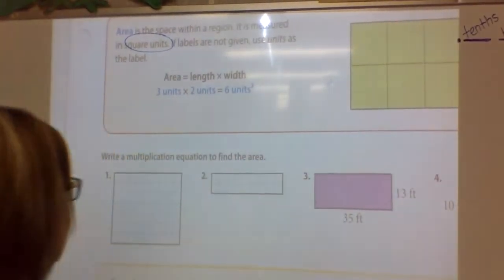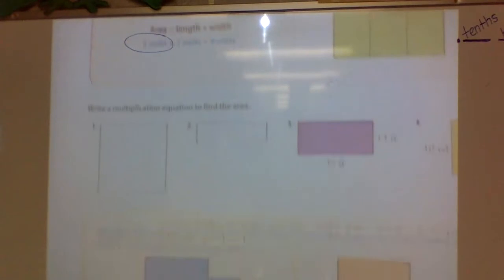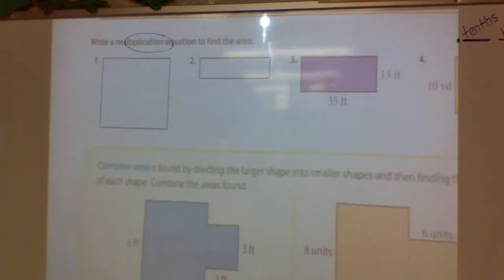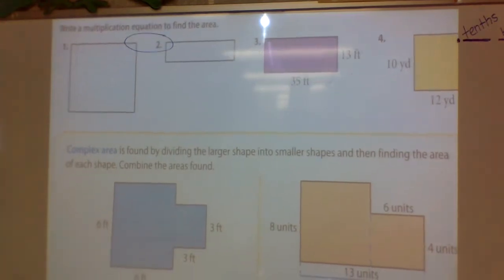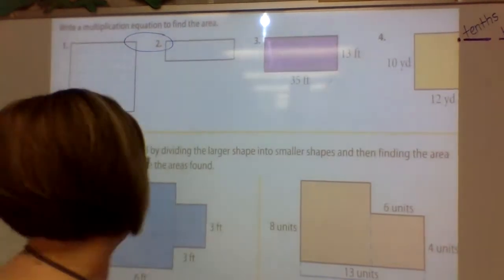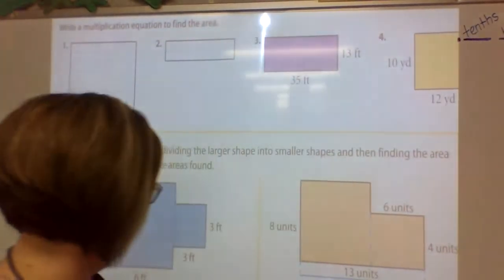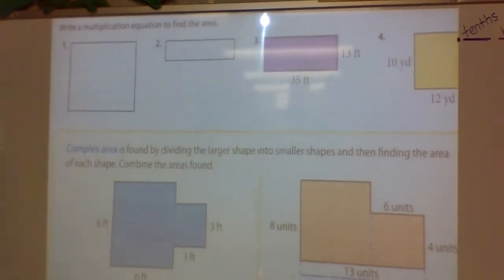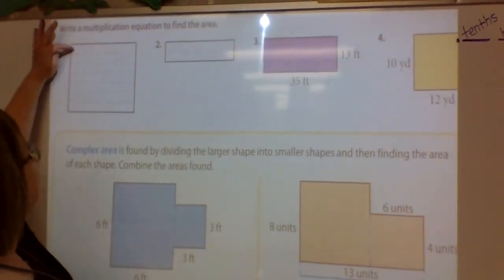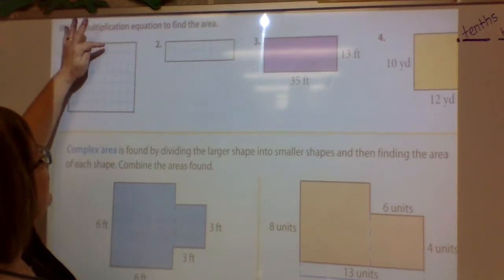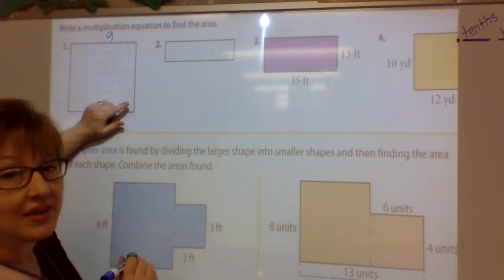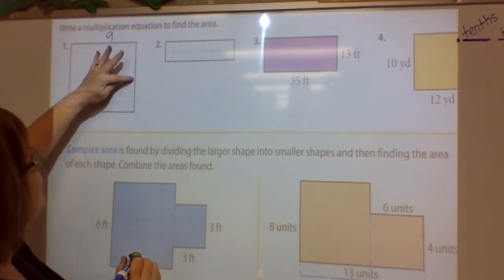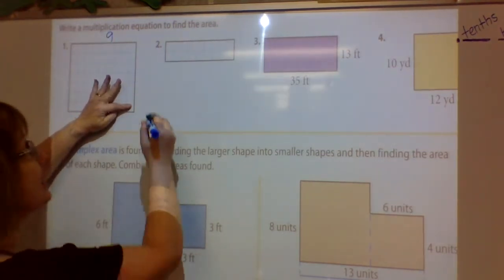Okay? So now let's look down here. It says write a multiplication equation to find the area. Okay? So number 1, multiplication's much faster. 1, 2, 3, 4, 5, 6, 7, 8, 9. There's 9 squares across. And there's 1, 2, 3, 4, 5, 6, 7 squares down.